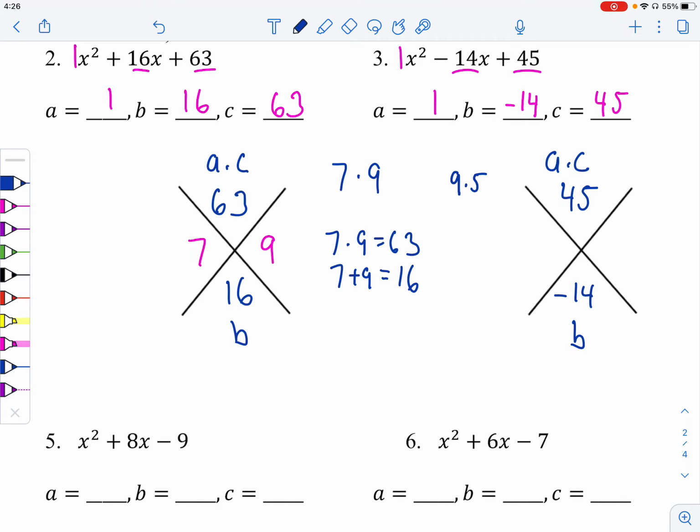But what else? Could you make the signs negative? Negative 9 times negative 5 still multiplies to positive 45, and they add to negative 14. So that works: negative 9, negative 5. So sometimes the signs need to be changed.